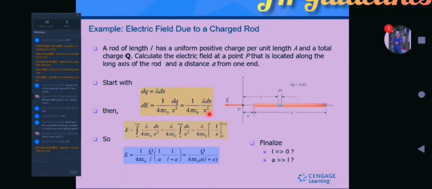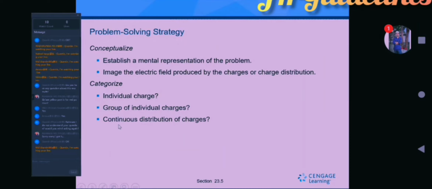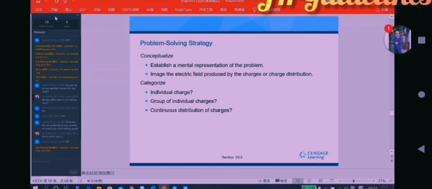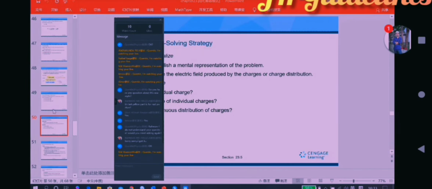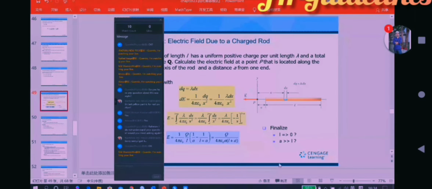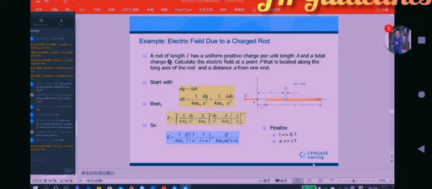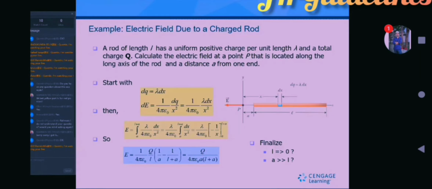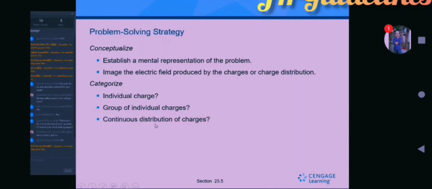So what kind of problem is this? This one apparently is a problem for continuous distribution of charges.